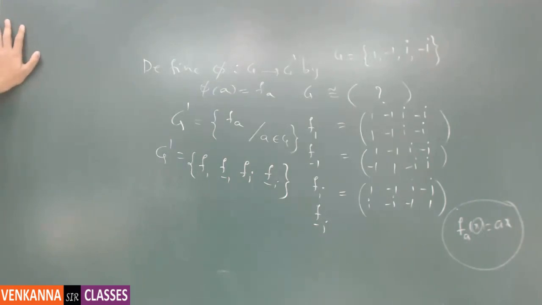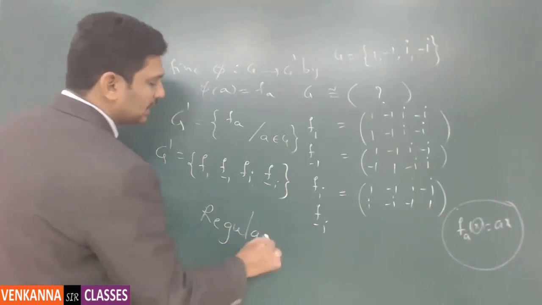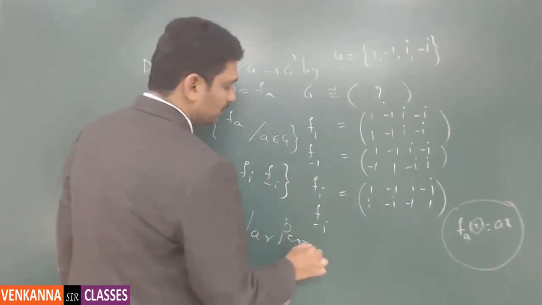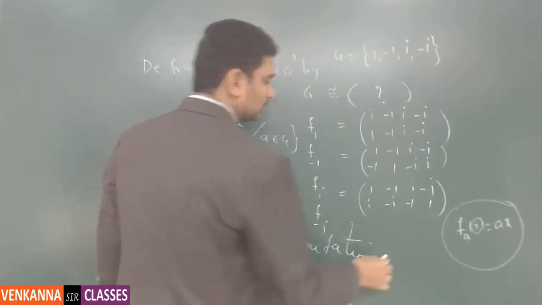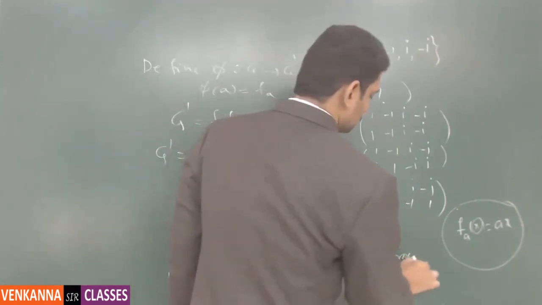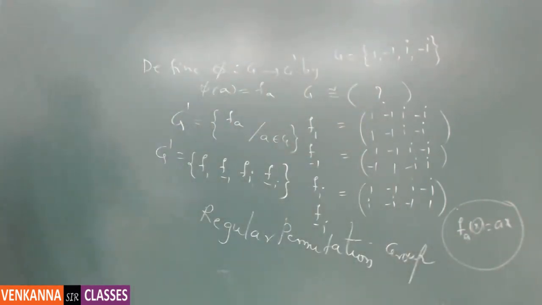So the new group G dash that you are forming here, we call it a regular permutation group.